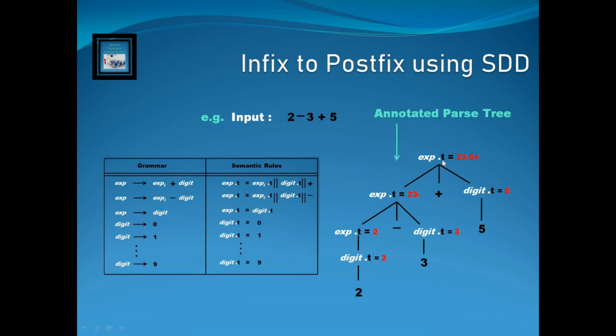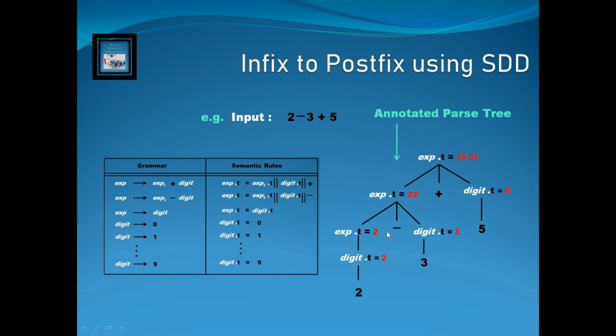Now you can see that attributes are associated with each grammar symbol, and some attributes are evaluated directly by seeing the syntax directed definition. For example, when we have to evaluate digit dot t, it can be seen directly from the syntax directed definition that when digit can have the form of 2, then digit dot t is equal to 2. Similarly, when digit can have the form of 3, digit dot t is equal to 3, and when digit can have the form of 5, digit dot t is equal to 5.